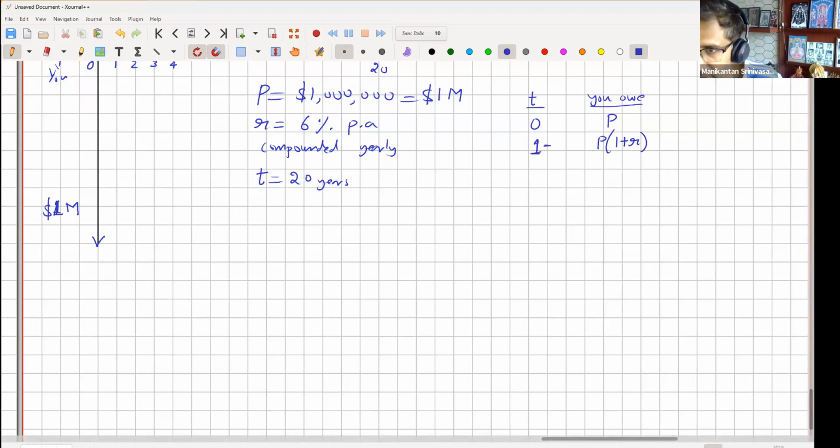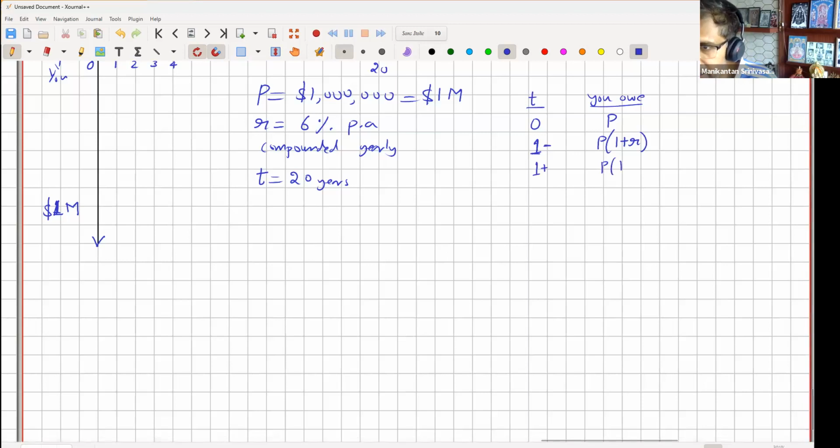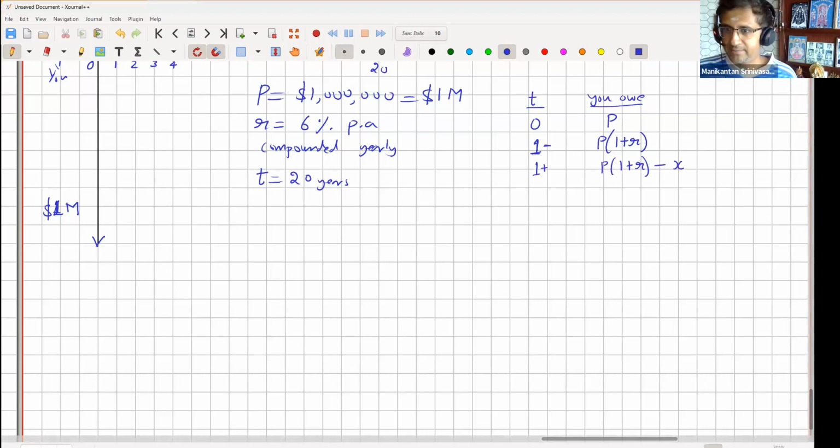But right when the clock strikes 1 year, I go and pay this X amount to the bank. So the amount I owe is only P times (1 plus R) minus X. A millisecond before the payment, it's P times (1 plus R). Now I made the payment, so it's P times (1 plus R) minus X.